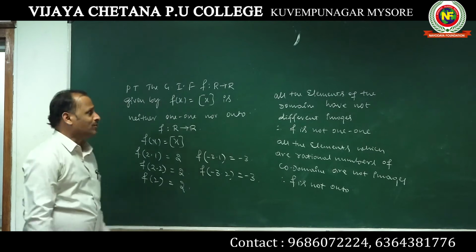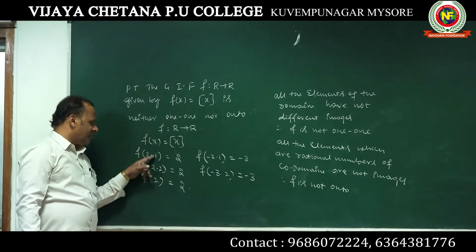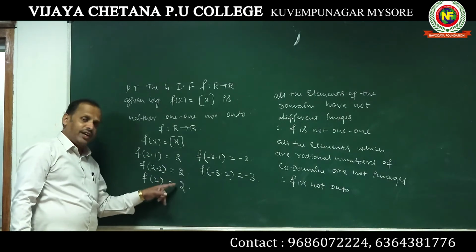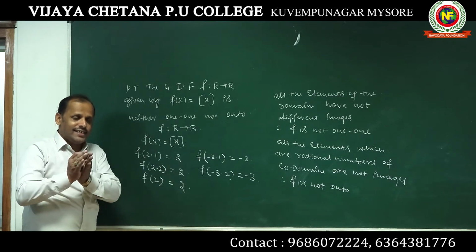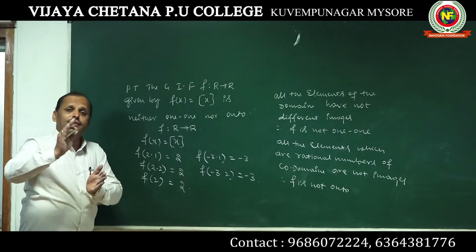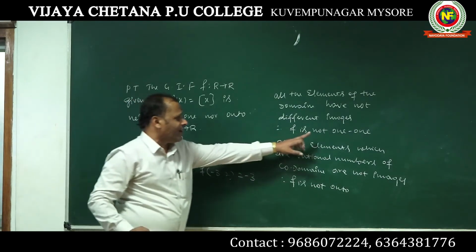So here, for 3 different elements having one image, it means all the elements of the domain do not have different images. Therefore, it is not 1-1.